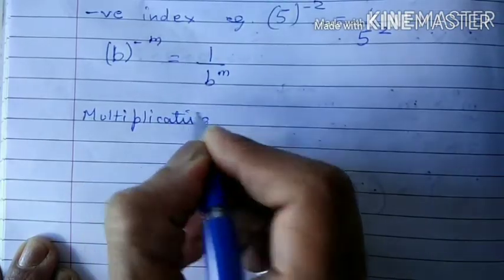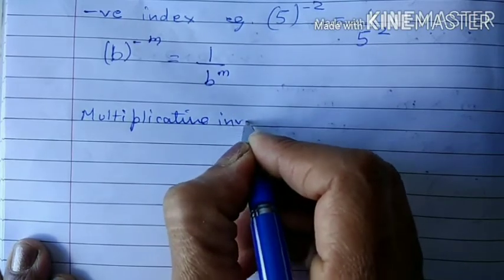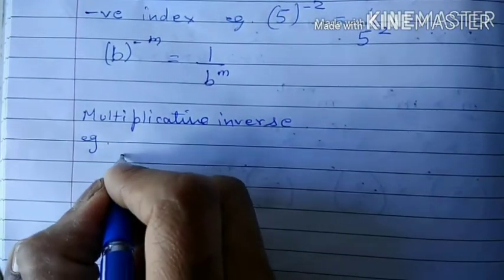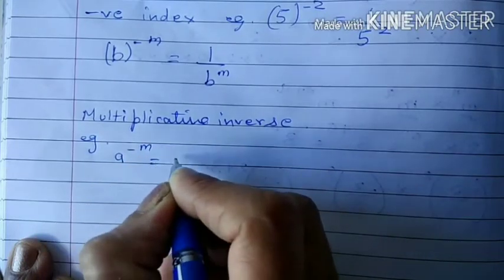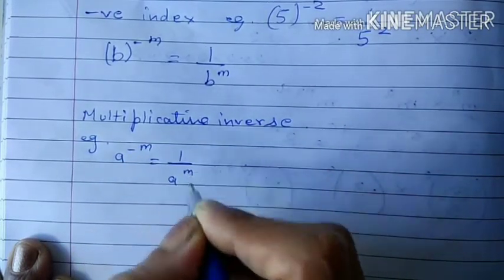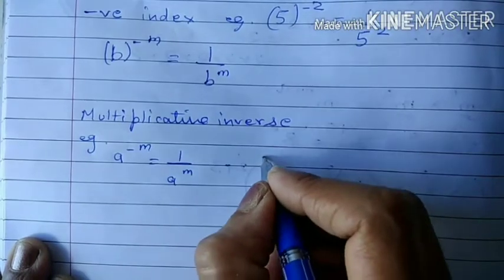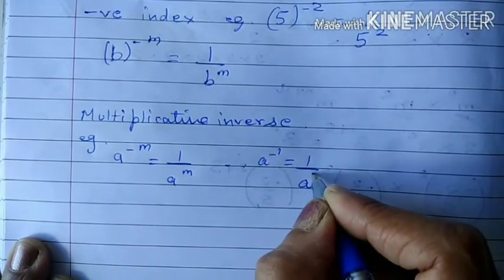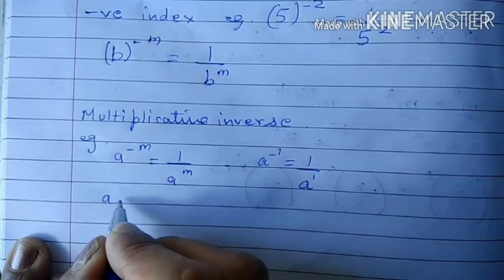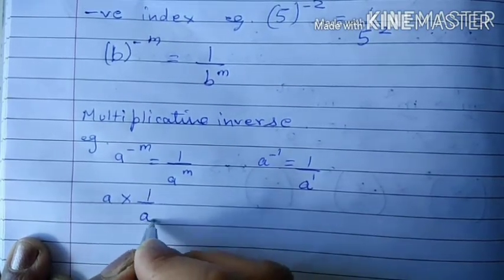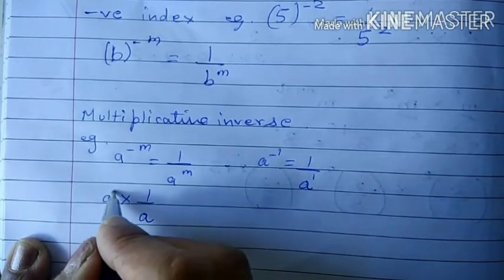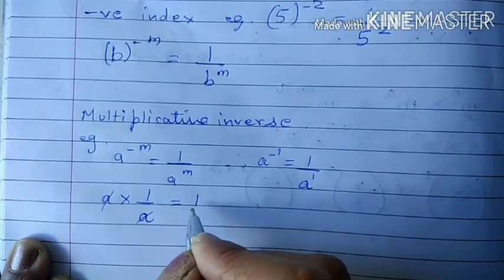Now, let's look at what is multiplicative inverse. Let's take this example. A raised to minus m will be 1 upon a raised to m. Similarly, a raised to minus 1 will be 1 upon a raised to 1. So let's take a number a. If we multiply a with its reciprocal 1 upon a, the answer that we get is going to be 1.